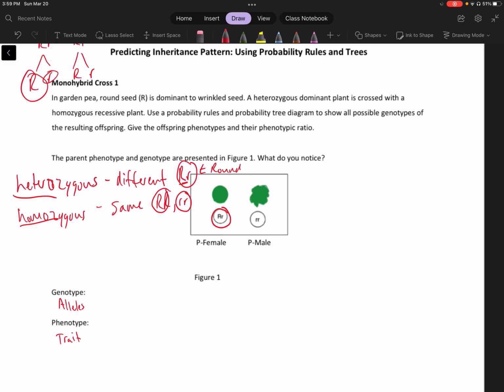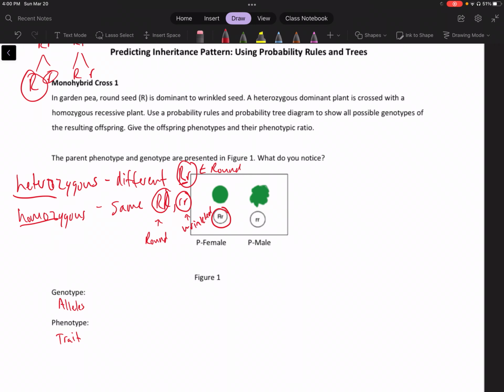If it has 2 capital R's, the phenotype is round because there are 2 dominant alleles. The only time we ever see a recessive trait show up in the phenotype is when there are 2 recessive alleles. So this will code for wrinkled.